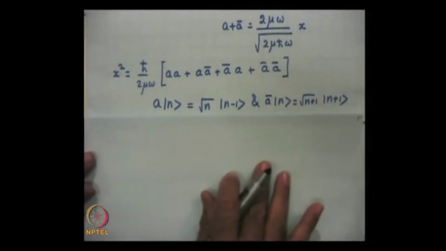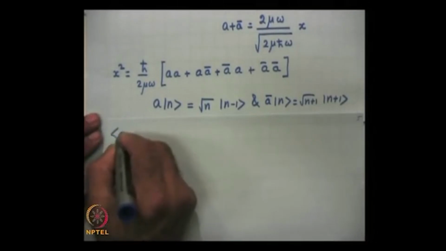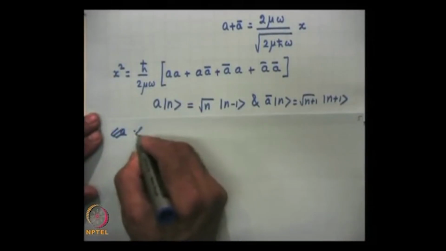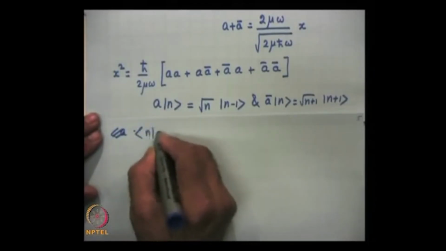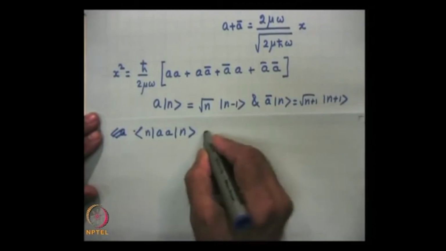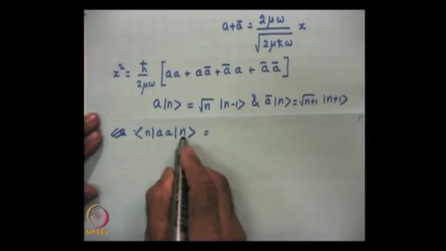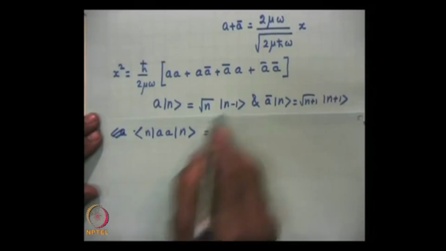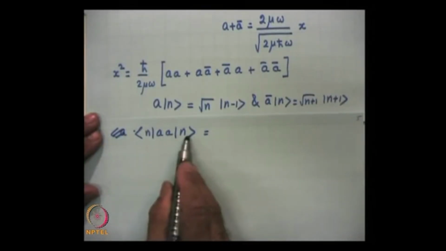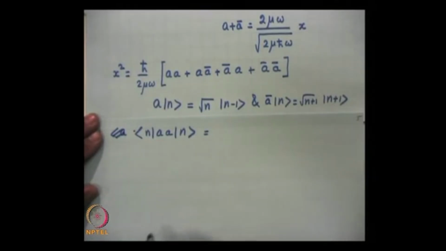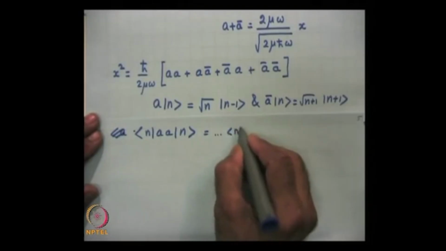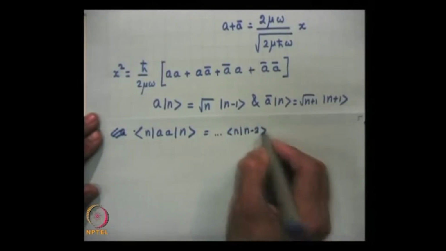Therefore, you will have bra n A A ket n. A ket n is proportional to ket n minus 1, and then A ket n minus 1 will be proportional to ket n minus 2. So, this will be something multiplied by bra n ket n minus 2, which is 0.